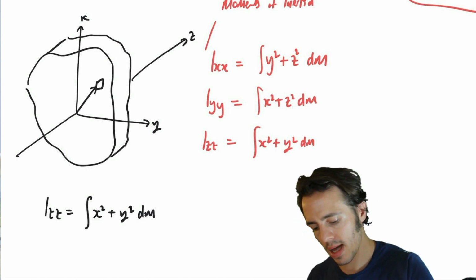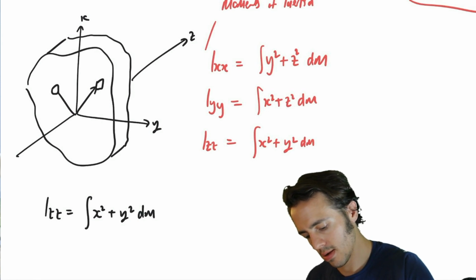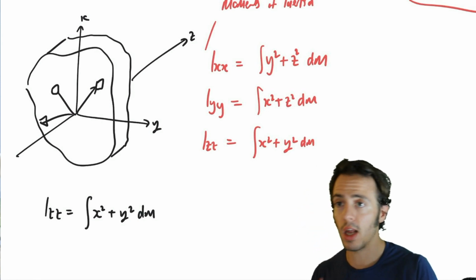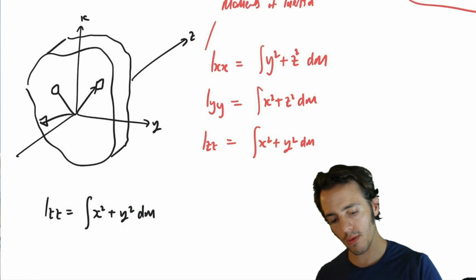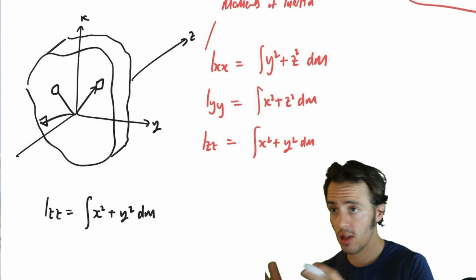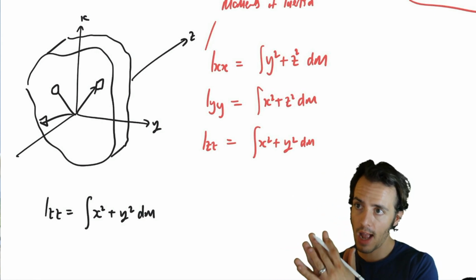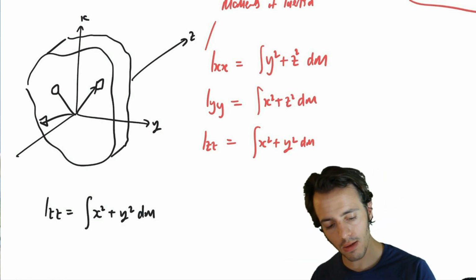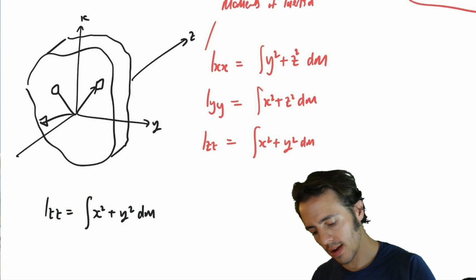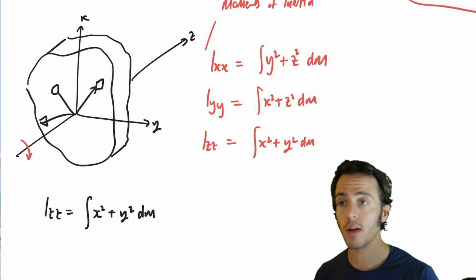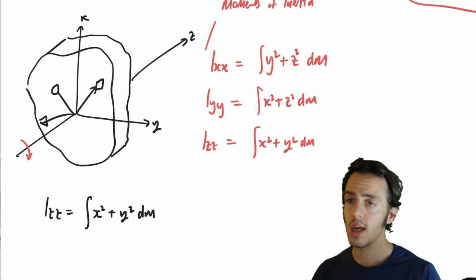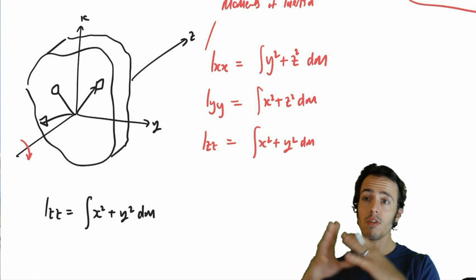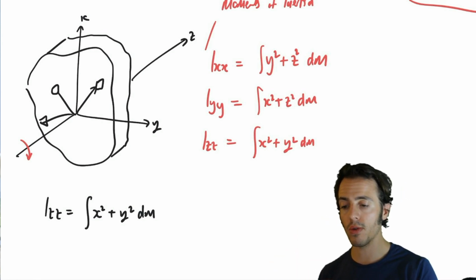So if I've got mass that exists all around, then I'm going to have a larger Izz. So we can see probably for this shape, the way that I've drawn this is something that's flat, of all of the moments of inertia this can have, Izz is going to be the hardest or the biggest for this object, meaning that it's going to be harder to turn around this axis. So if we've got a big flat object with lots of mass distributed around it, it's going to be hard to turn.